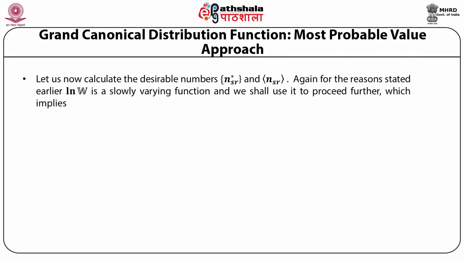Let us now calculate the desirable numbers, that is the set N star SR and the mean value of N_SR. Again, for the reasons stated earlier, log of W is a slowly varying function and we shall use it to proceed further, which implies log of W is equal to log of n factorial, where n here is the number of identical systems in the ensemble, minus summation over S, R of log of N_SR factorial.